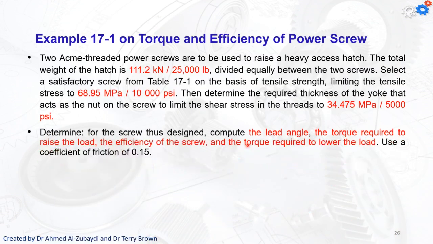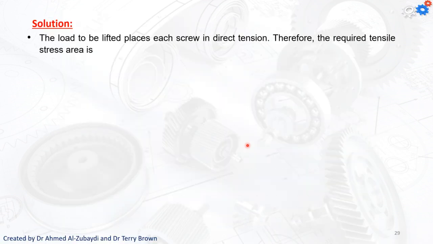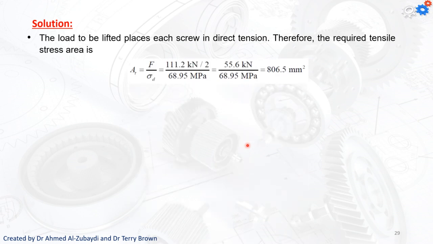We need to have all the equations written in front of us. To find the required tensile stress area, knowing the force and the stress, AT is equal to the force, which is the load, divided by the maximum stress.